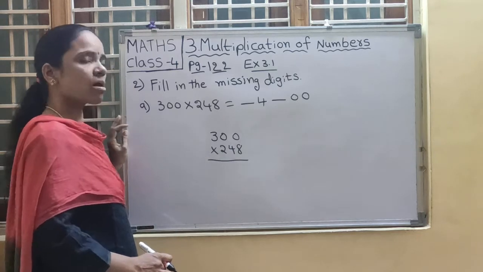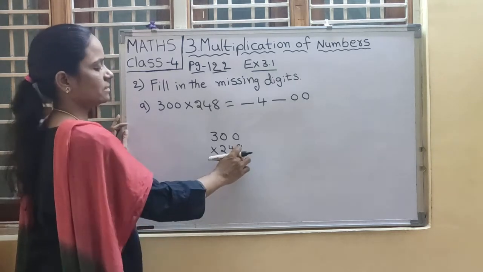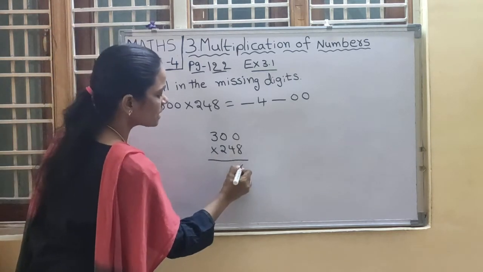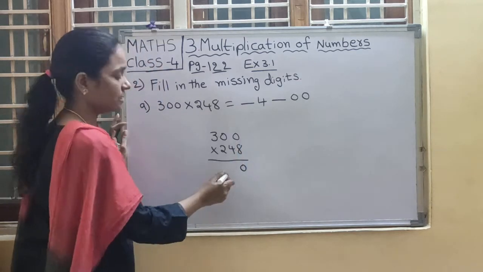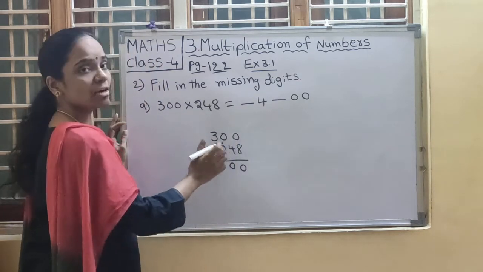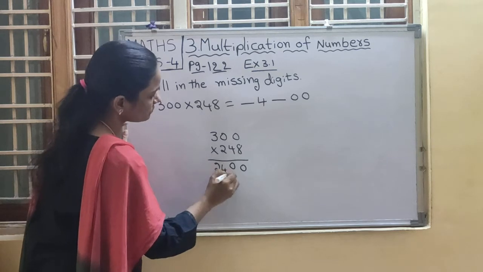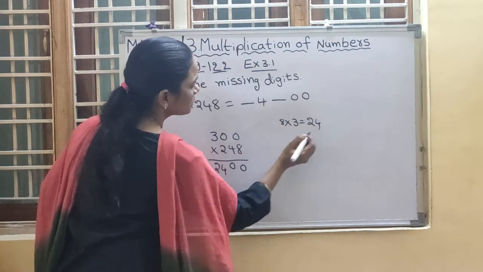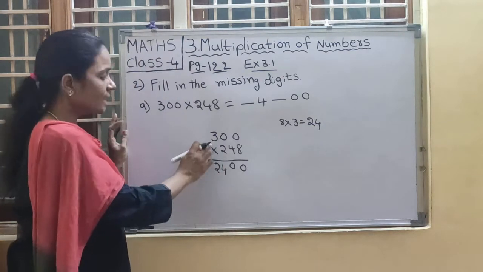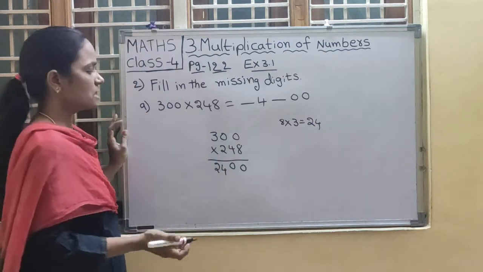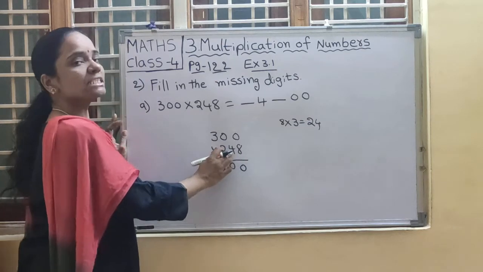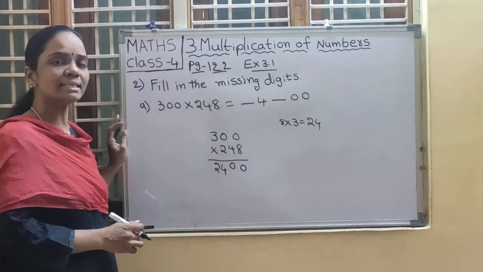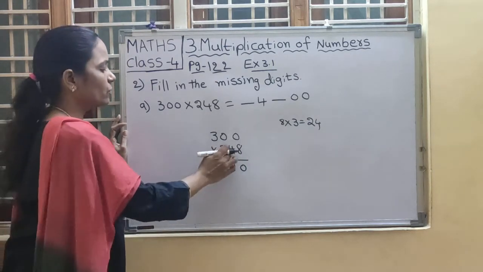So first we start with the ones place digit, that is 8. 8 into 0, 8 zeros are 0. 8 into 0, 8 zeros are 0. 8 threes are how much? 24. 8 threes are 24. So 24 completely we have to write here. After this we don't have digits. So next I am doing with the tens place digit. What is the tens place digit here? Very good. 4. Start with 4.